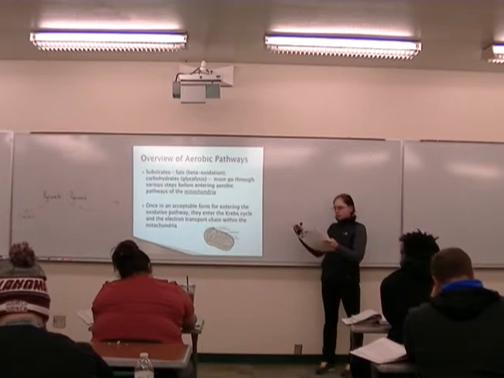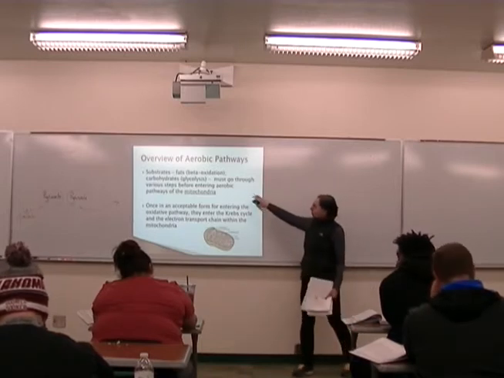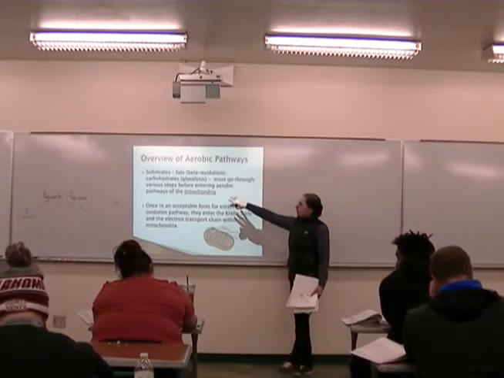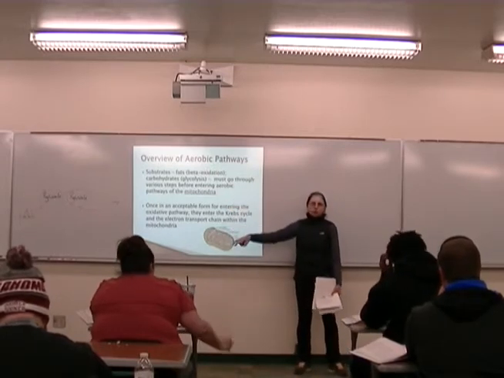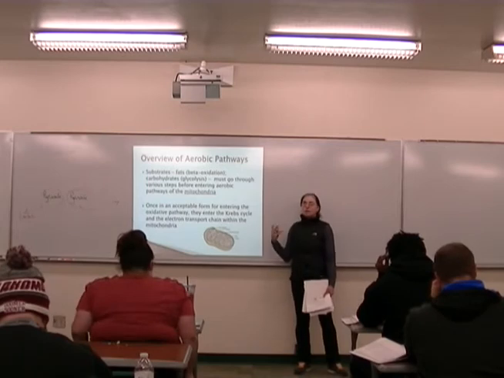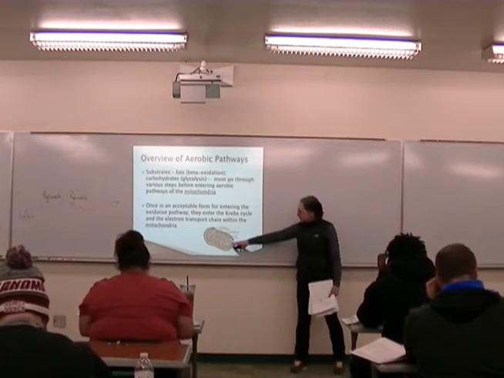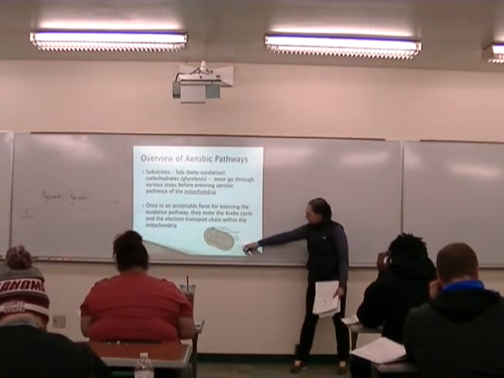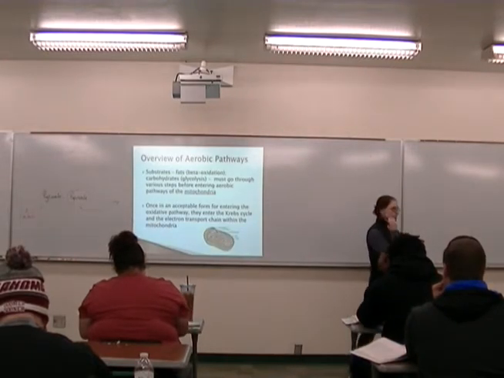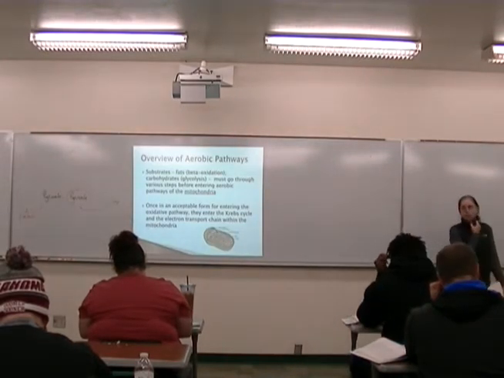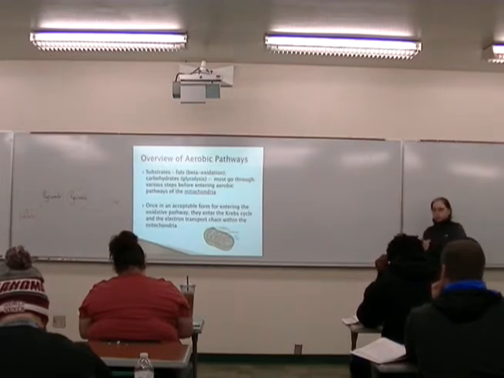Aerobic metabolism then takes place in the mitochondria. So if you remember back to your biology, mitochondria is the cell organelle that has all those squiggly folds in it. Sometimes it's called the battery or the center for high energy, right?